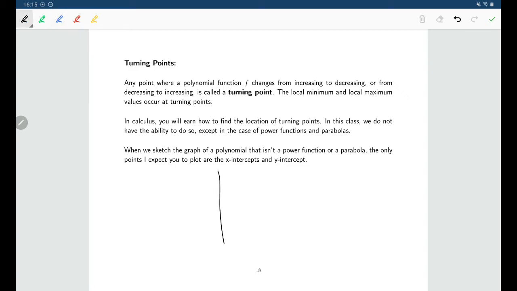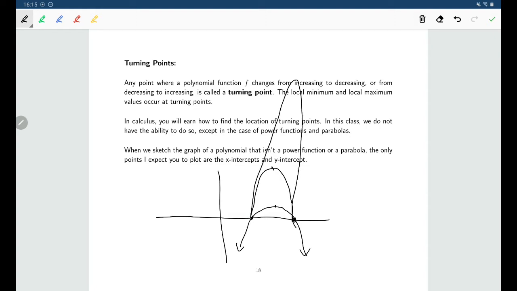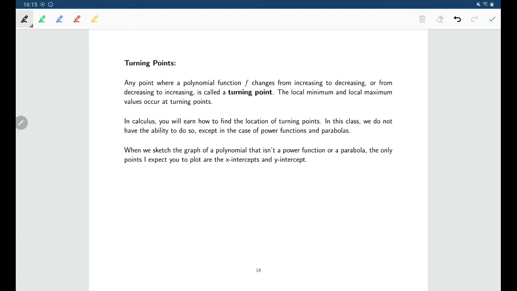So for example, if you happen to know that the graph crosses through the x-axis at both of these points, heading downward on both of these points, somewhere in between there's going to be a turning point. Is it here? Or could it be there? Or could it be there? All of those could be possible answers for how high up the turning point is or where the turning point happens to be.